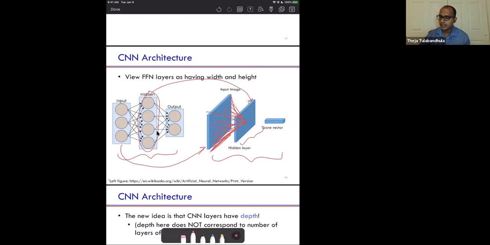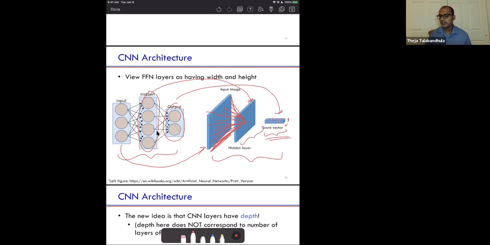Okay. And the output is already a vector, so I just have a vector representation, but I'm going to rearrange it in a way where the width and height are 1, and the depth is the number of classes. Okay. This is not very critical.